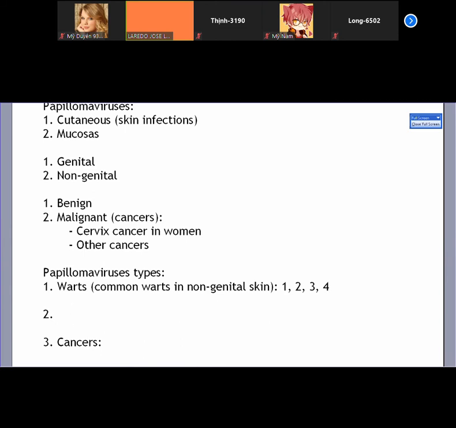And some of them, types 6 and 11, cause disease in mucosas, so in the larynx, and genital disease, skin or mucosal.